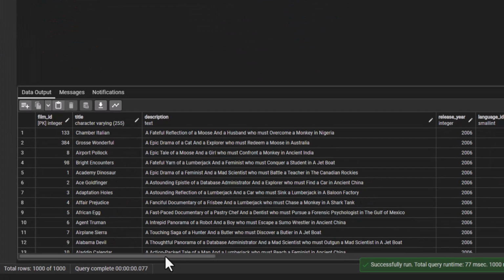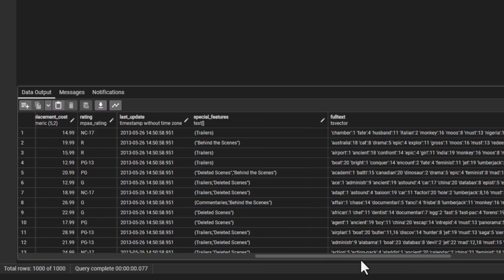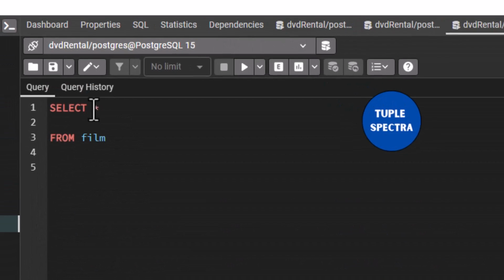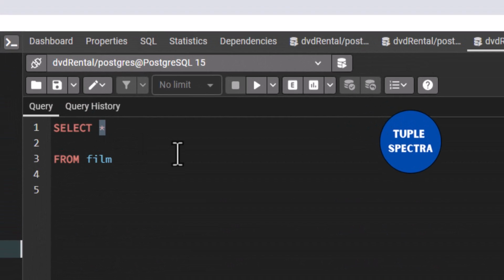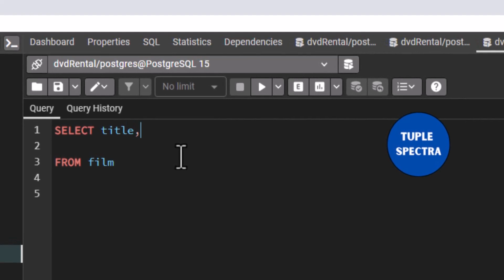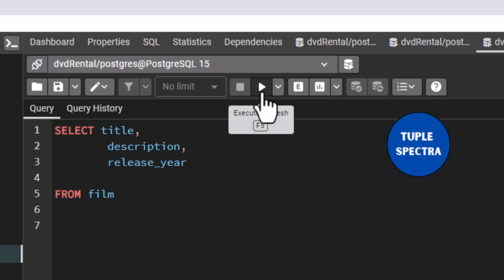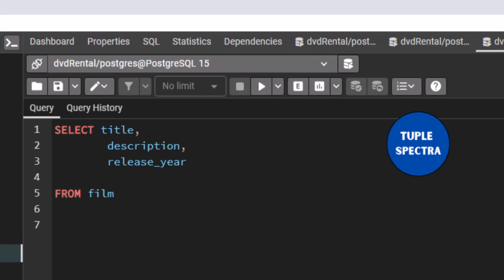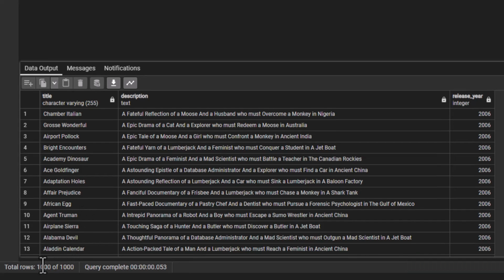You can see we have a bunch of columns right here, but let's only consider 3 columns: the title column, the description column, and the release year column. Let us run that, guys. Very good. You can see we have 1000 rows.